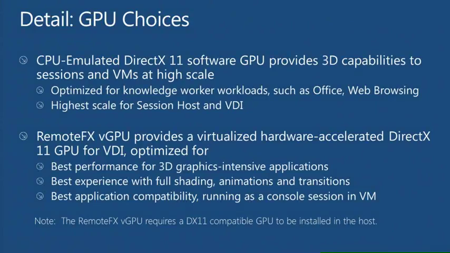Another key difference is improved application compatibility, because when we do virtualized GPU this way, the session appears as a console session to applications as opposed to a remote session. Applications that automatically throttle themselves down when they recognize they're running in a remote session will recognize they're running in a console session, so they don't throttle down.